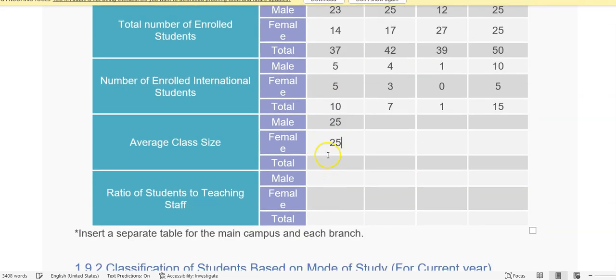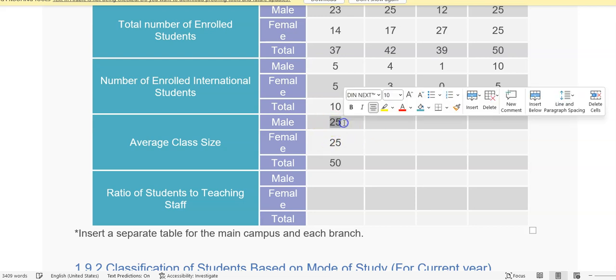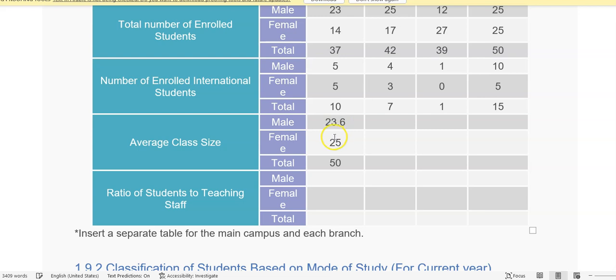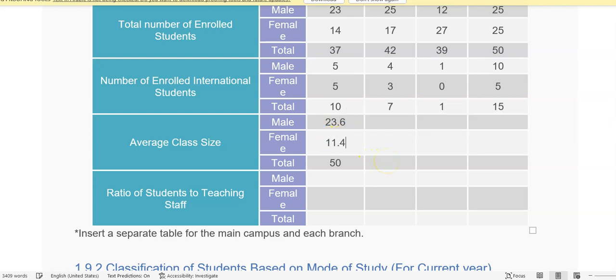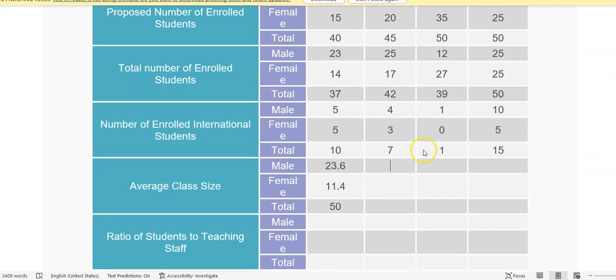males, and we have 50. And if you want the real, you have to get the information from the admission and write specifically. For example, it was 23.6. Right here, for example, 11.4 for the last year.